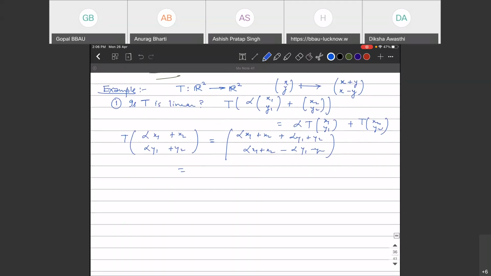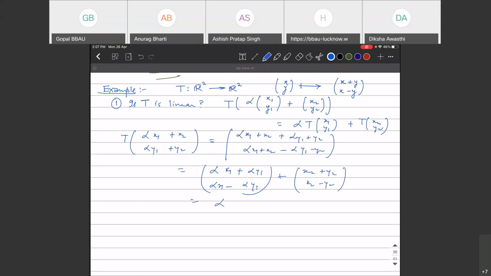So what you get is alpha (x1 plus y1, x1 minus y1) plus (x2 plus y2, x2 minus y2).